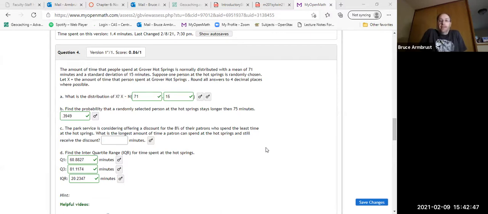And then the standard deviation tells us what the spread is like.